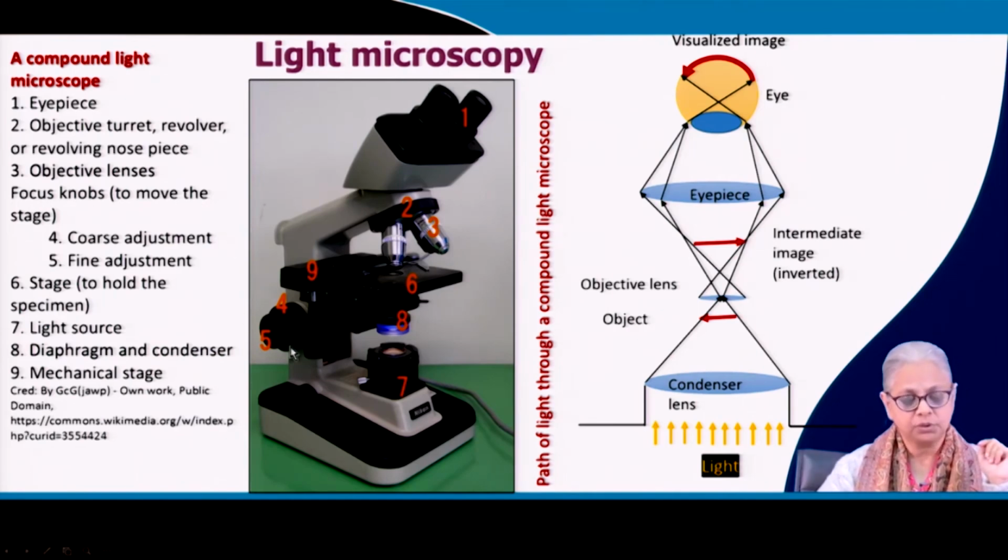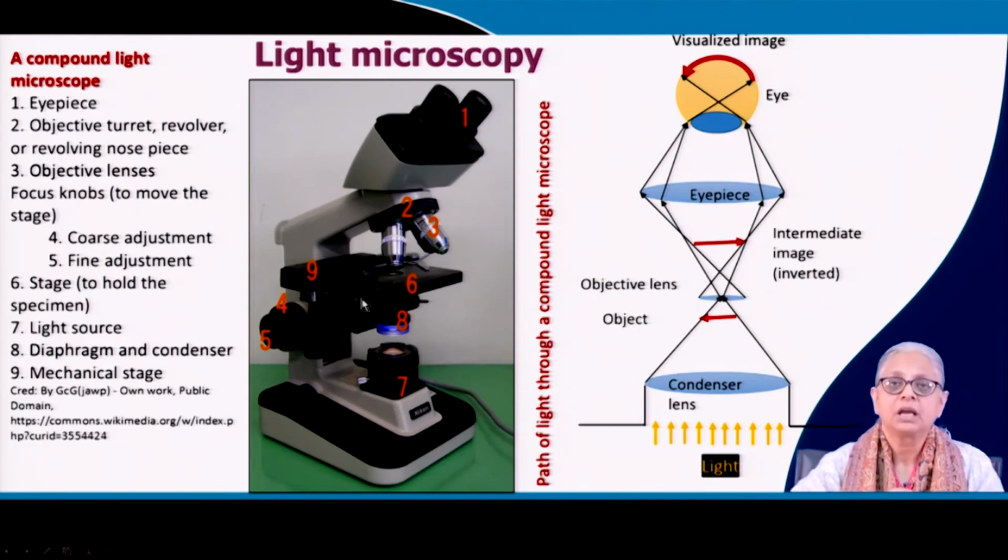Then we come to the focusing knobs. These are the focusing knobs. The large one is the coarse focusing knob, and the small one is the fine focus. So the fine adjustment and the coarse adjustment. And let's see if we have anything else. And this is the mechanical stage, and I already mentioned that these days there's been a sufficient level of sophistication with these light microscopes.